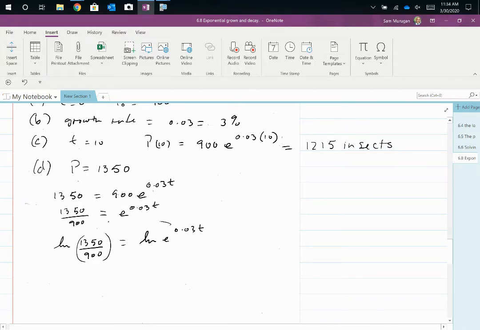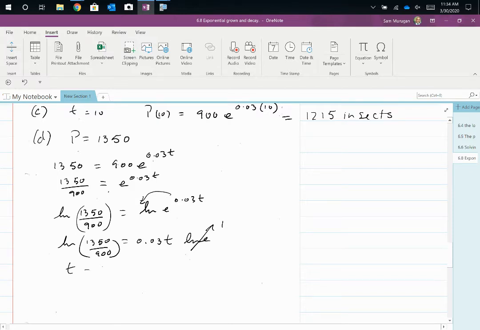Then using the power rule, because we're trying to find t, okay? So ln of 1350 over 900 equals 0.03t ln e. But ln e is equal to 1.